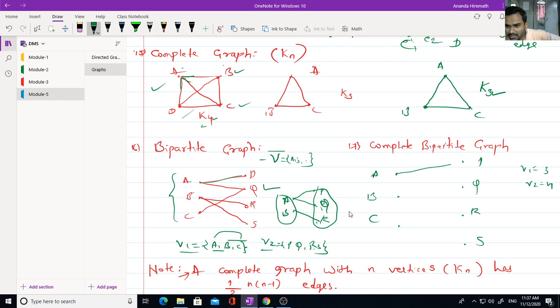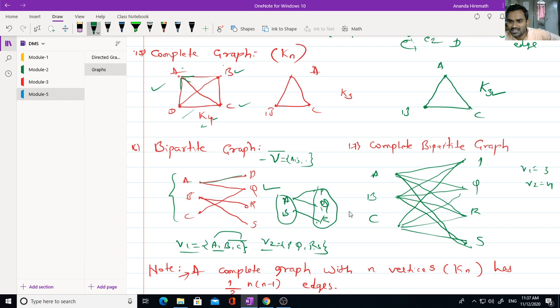A must be connected to all the vertices of the next group. Then again B should be connected to all the vertices of the other group. Now even C: C to P, C to Q, C to R, C to S.